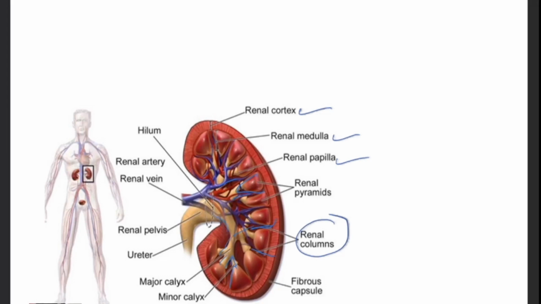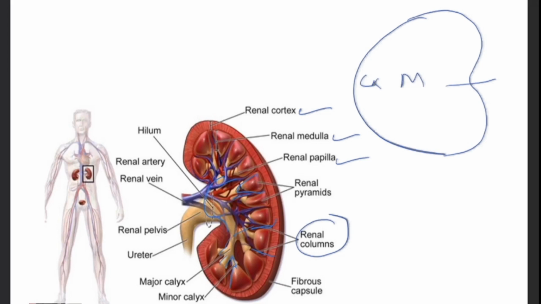They join together and this part is the pelvis. So kidney has got 3 parts: the pelvis or the renal pelvis, the medulla and the cortex. The renal pelvis with the vessels is called the renal sinus. And you can see that the kidney is supplied by the renal artery. The blood supply is via the renal artery and the blood is leaving via the renal vein. Hope this part is clear to you.